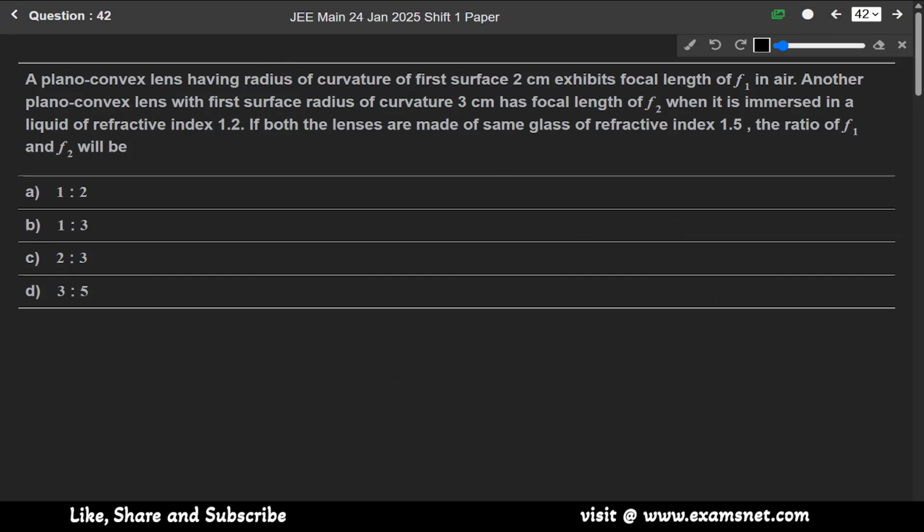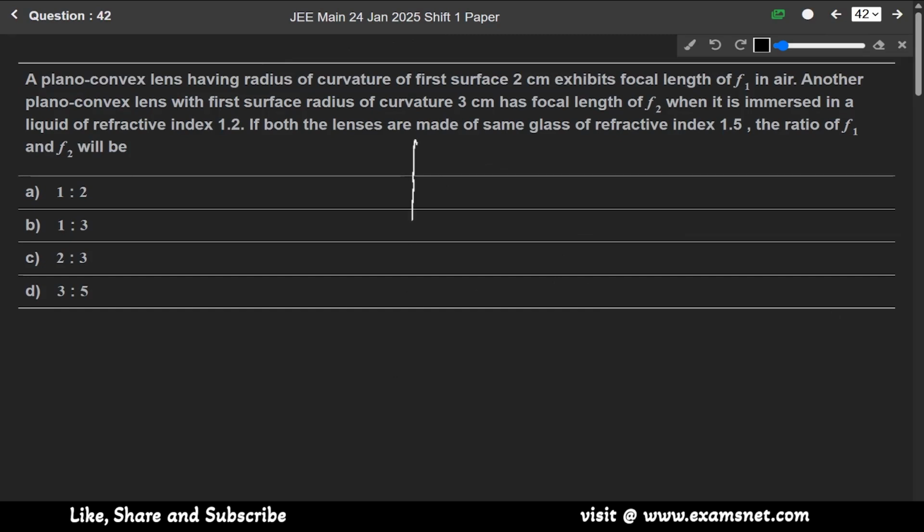Now question 42. A plano-convex lens having radius of curvature of first surface 2 centimeter exhibits focal length of f1 in air. Another plano-convex lens with first surface radius of curvature 3 centimeter has focal length of f2 when it is immersed in a liquid of refractive index 1.2.